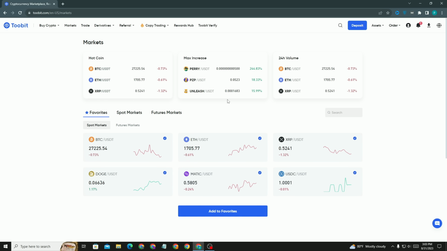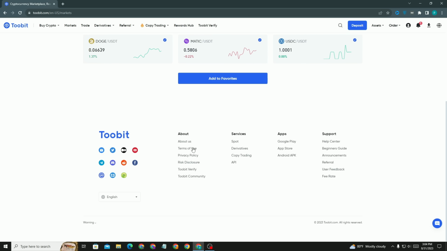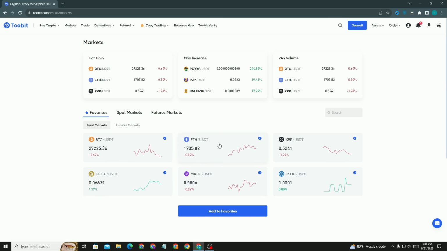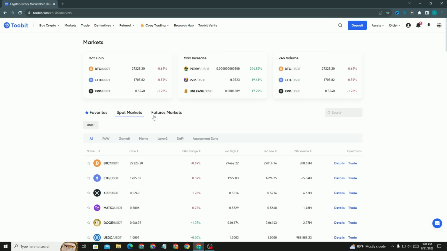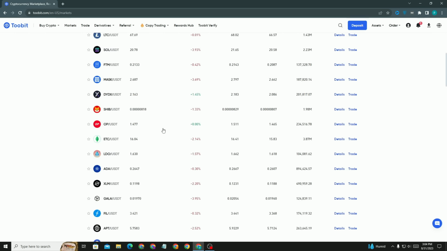You can see that in the last 24 hours the market has been down, and you can see the spot market or futures market from here.